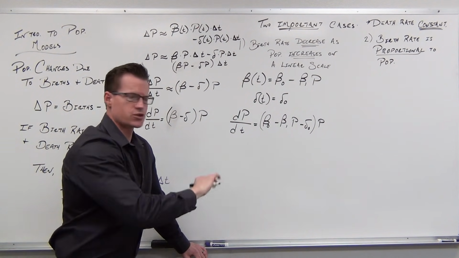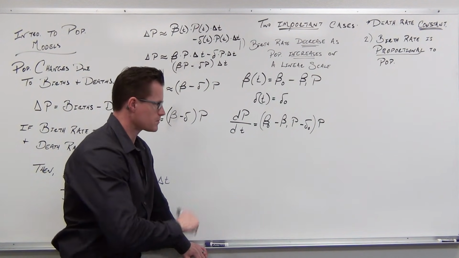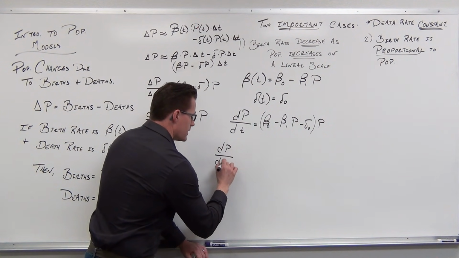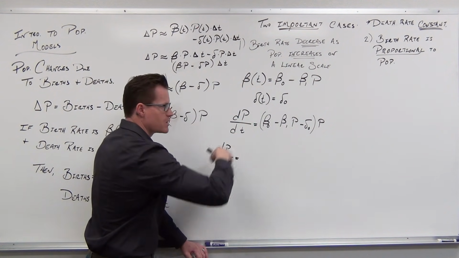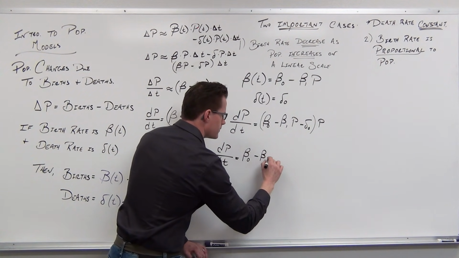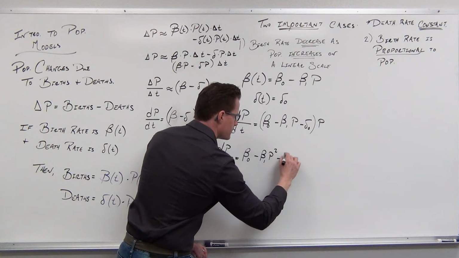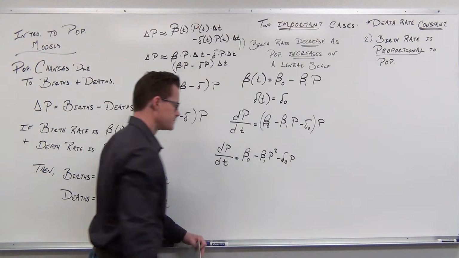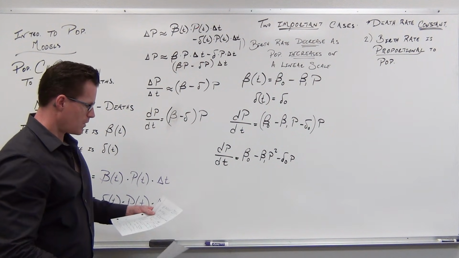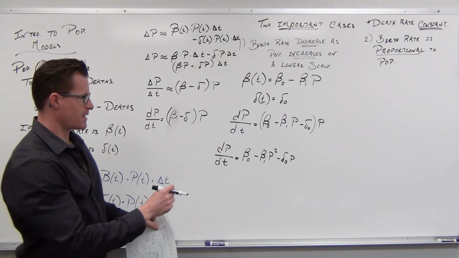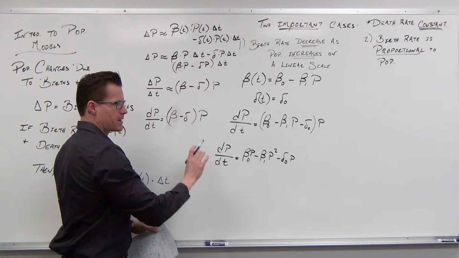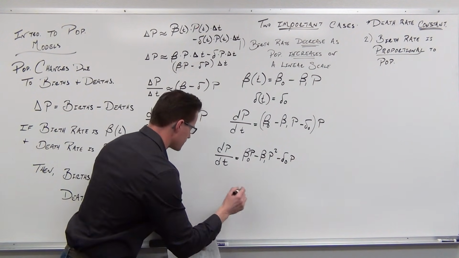Here's what we're going to do. We're going to distribute all this stuff and we're going to group some things together. So let's look at the change in population with respect to time. Now let's distribute the P. And then I want to group this together so that I have my P's out front and my P squared at the back.